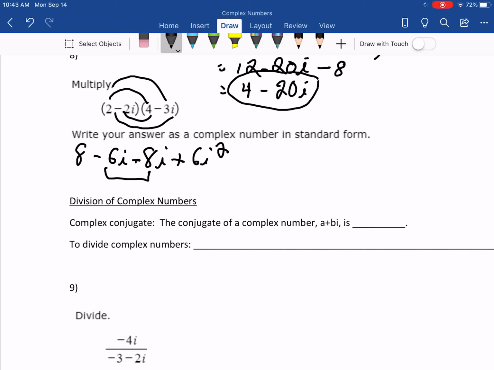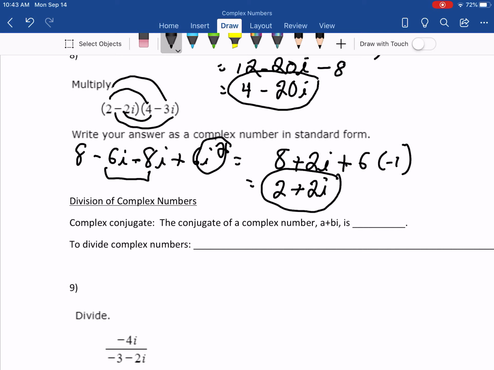So we have 8 plus 2i. And then we know i squared is negative 1, plus 6 times negative 1. And combining like terms, real to real, imaginary to imaginary, 8 and negative 6 is 2 plus 2i.